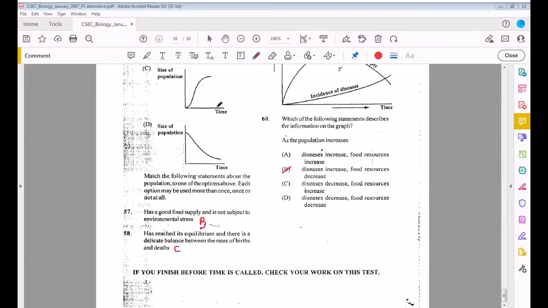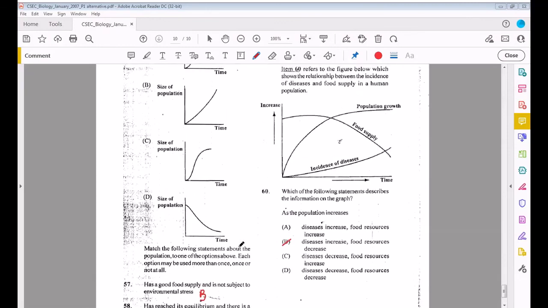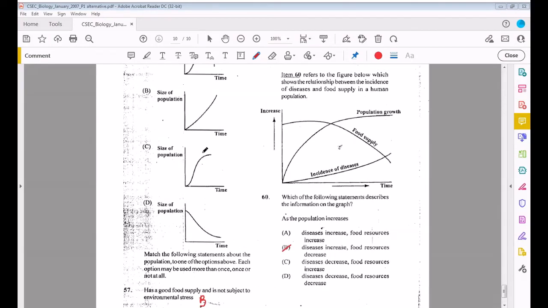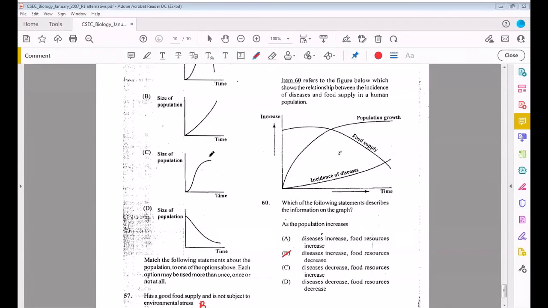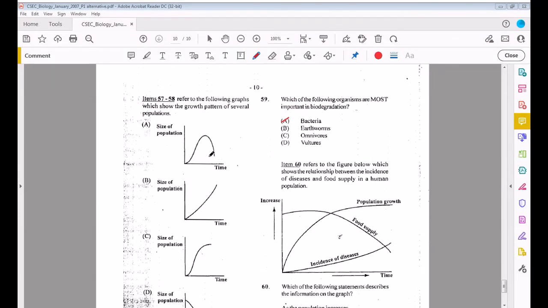And 58 has reached its equilibrium, and there's a delicate balance between the rate of births and deaths. That would be C, where it has reached its stationary phase. 59. Which of the following organisms are most important in biodegradation? All of them are important, but the one that is most important is A, the bacteria.